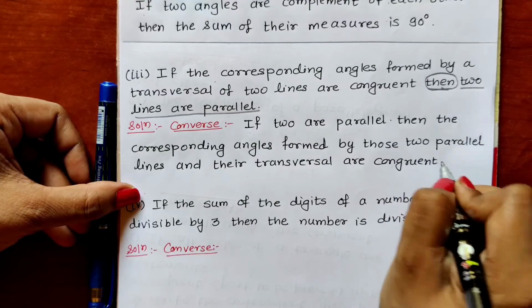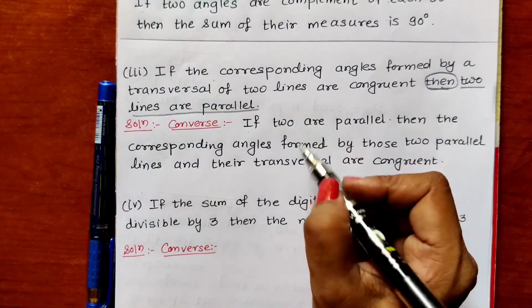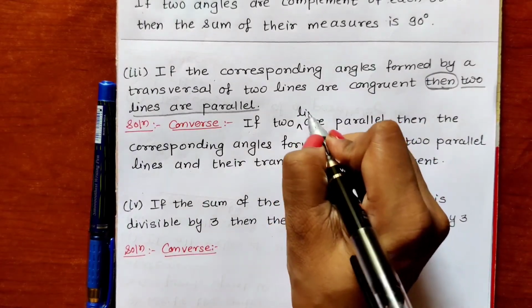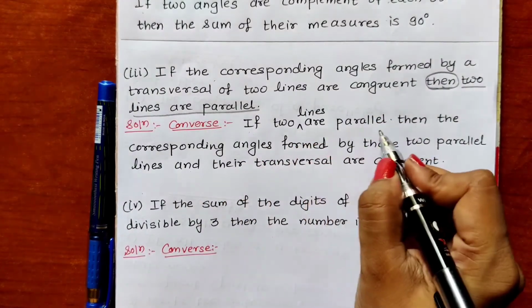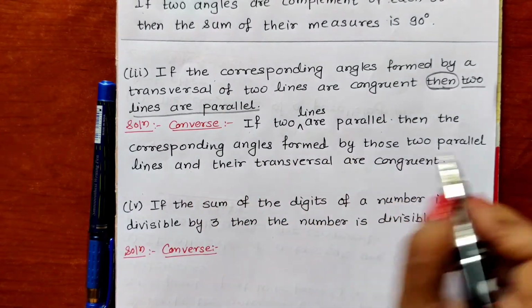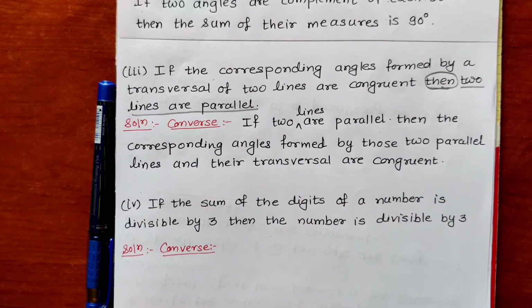We all know that. So if two lines are parallel, then the corresponding angles formed by two parallel lines and their transversal are congruent.